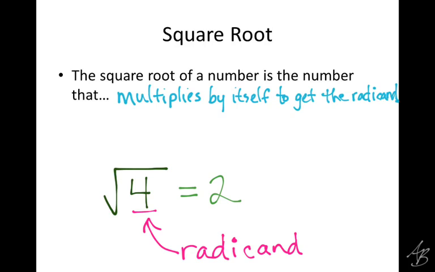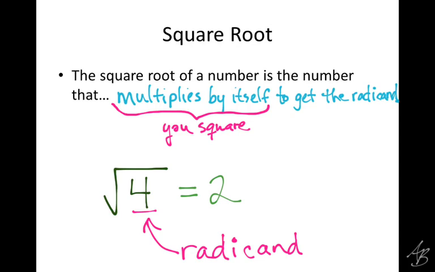Another way of saying this, multiplies by itself. What's another way of saying multiply by itself? Another way of saying 2 times 2 is 2 squared, right? So another way of saying multiplies by itself is a number that you square to get the radicand.